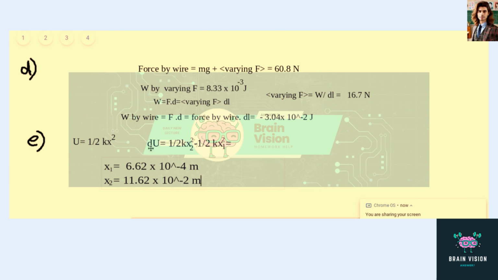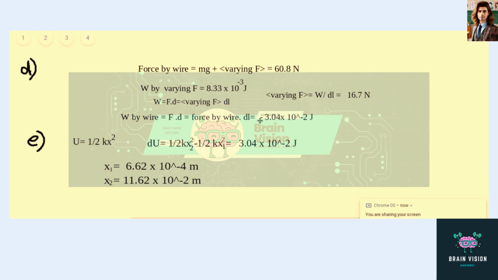So we plug these two values into this equation and we already have all the values of the variables we need. So we plug those in there and we get our change in potential energy to be 3.04 times 10 to the power minus 2 joules.